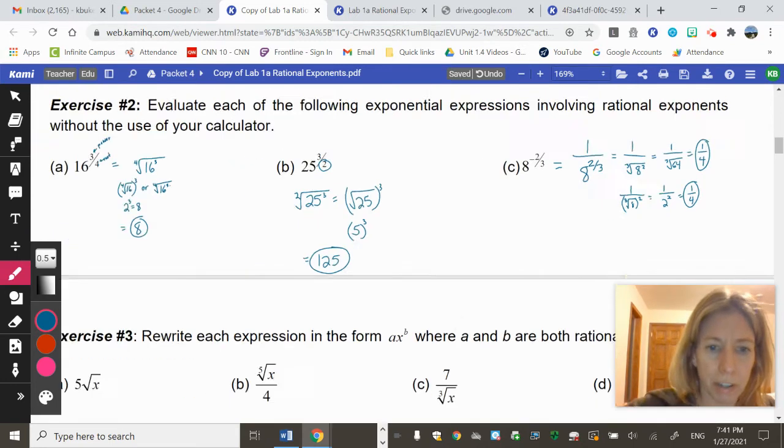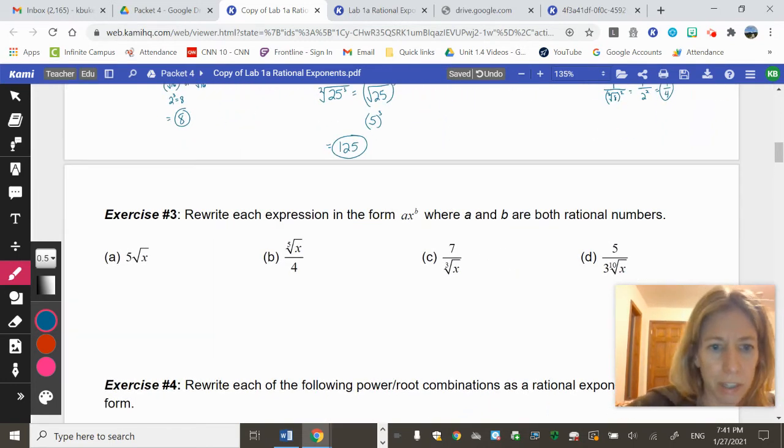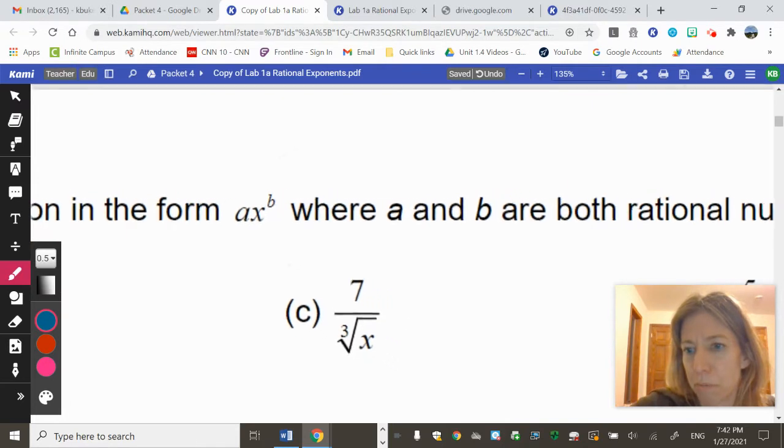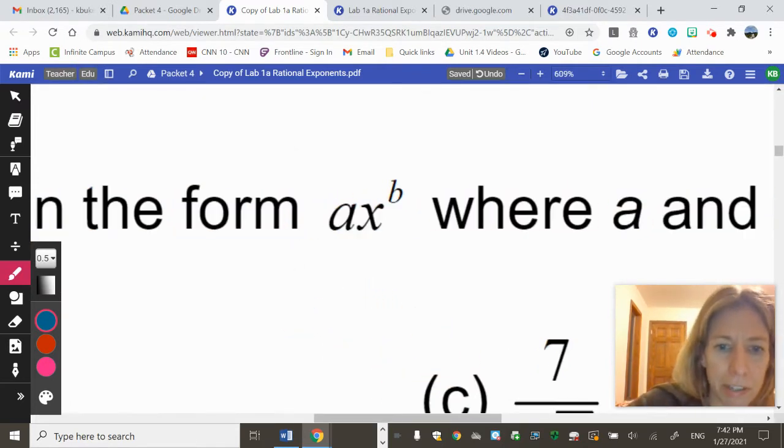Okay, moving right along. This says rewrite each expression in the form a times b to the x, where a and b are both rational numbers. So basically, a is just going to be our lead coefficient out front, as we're used to.